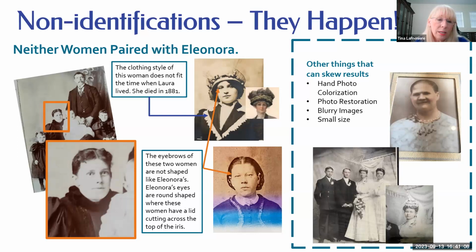Photo restoration is a fantastic thing, but here too, the restored images may not be exactly as your person's facial features. So if you're thinking back to the slides on the facial recognition, you can see that we really need to have the exact same measurements or pretty darn close to get those pairings that we're looking for.